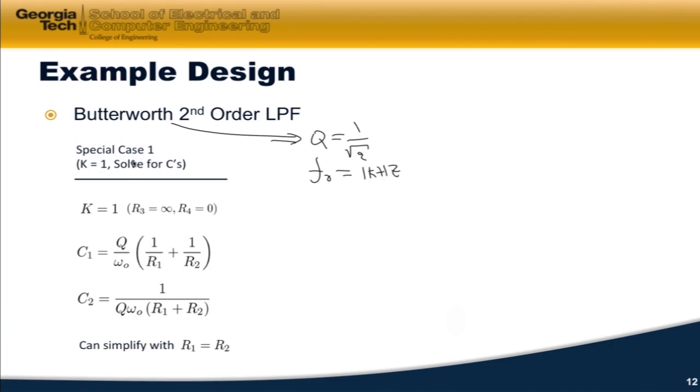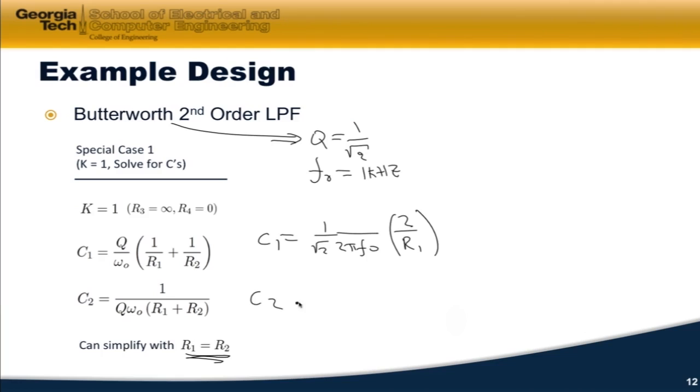And I've chosen to use the special case 1 equations for the low-pass filter. And I've also chosen to simplify the equations further by making this assumption that R1 is equal to R2. Now, we can write that C1 is equal to Q, our 1 over root 2, times omega naught, in terms of F0, is 2 pi F0, times 1 over R1 plus 1 over R2, but these are equal to each other, so I can write that as 2 over R1.